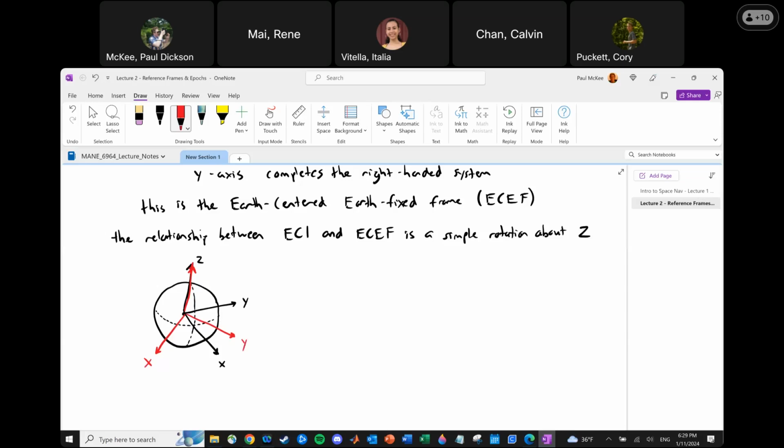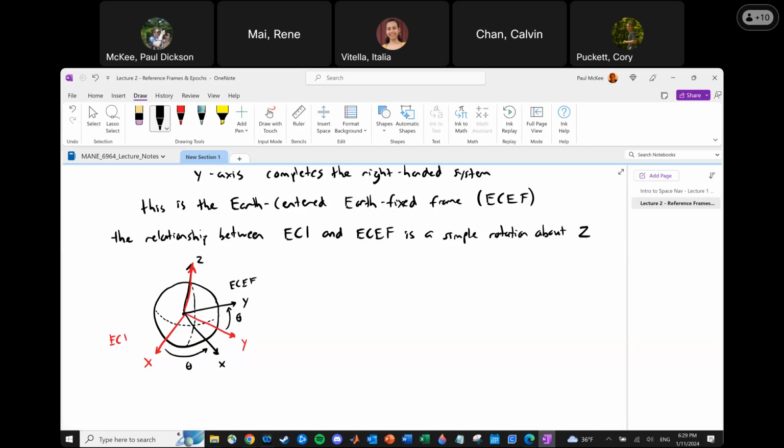And we'll say that red is the ECI, and going back to the black frame, that's the ECEF. And the difference between them is just some angle theta, where theta is 0 all the way up to 2 pi as Earth completes one sidereal day, not one full solar day. Right? That's an important distinction.